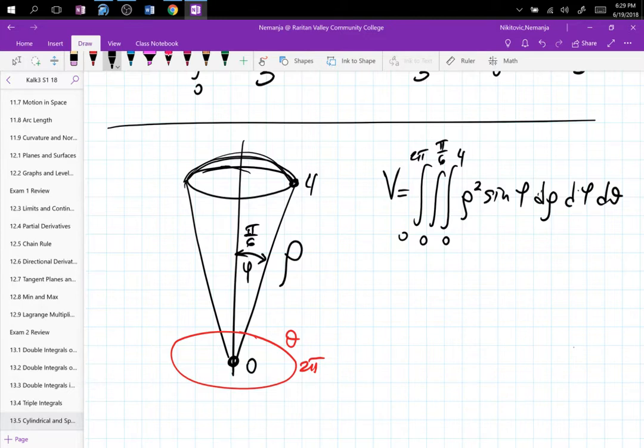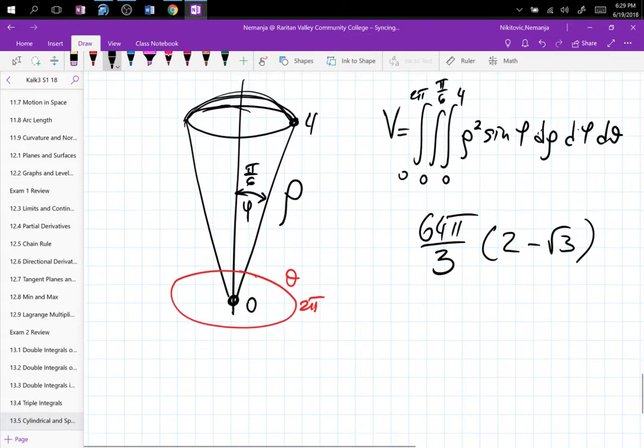Now, as I said before, the first integral is just focusing on rho, so you don't have to worry about the sine. That's 4 cubed over 3, giving 64 pi over 3 times (1 minus cosine pi over 6), which is root 3 over 2, so 2 minus root 3.